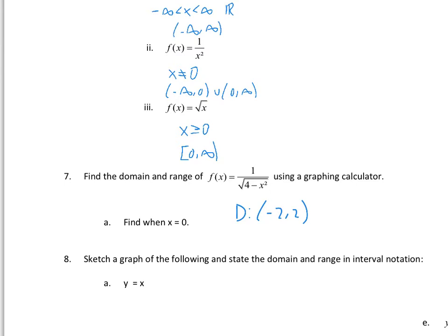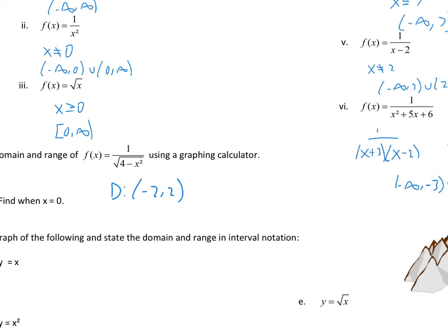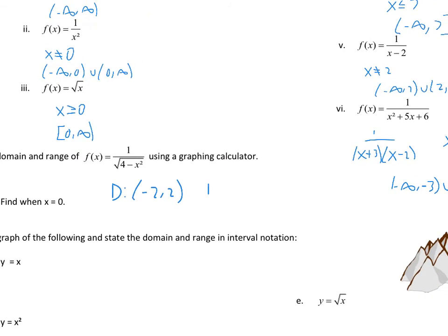Now the range here is interesting. And if I haven't explained this in class already, I will. But how to do the range without a graphing calculator: if you have a fraction, then the bigger the denominator is, the smaller the number.